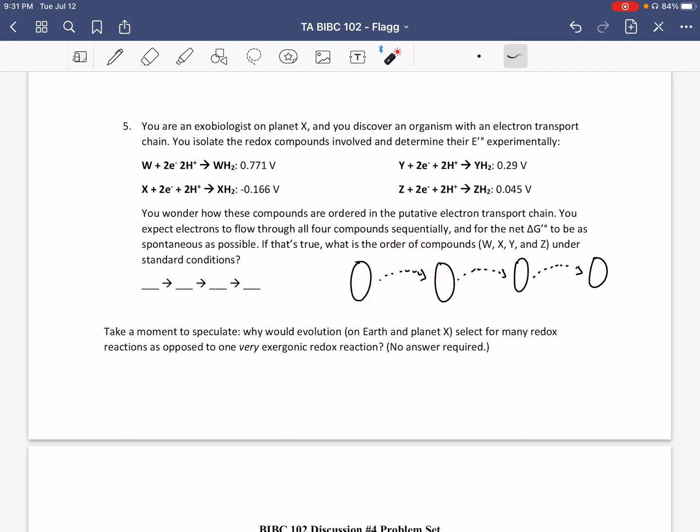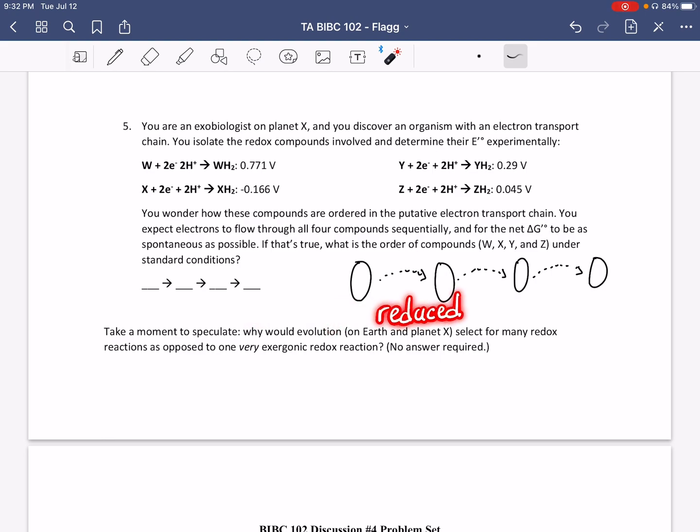And how does that make sense? If a compound or an element has an E prime naught, so a reduction potential that is large and positive, then this compound will really, really, really want to be reduced.